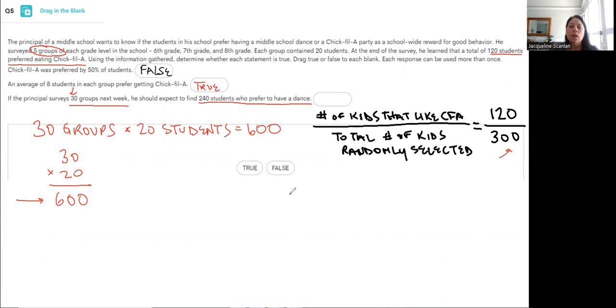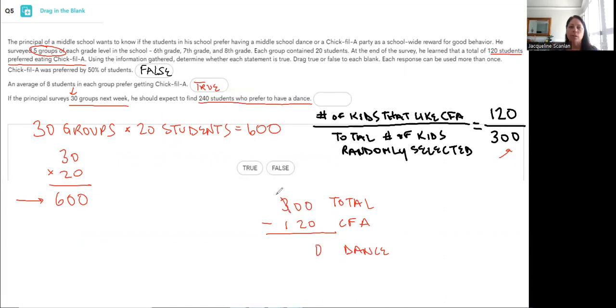So here's what I'm going to do. If there are 300 total students surveyed, and 120 of them prefer Chick-fil-A, to find out how many of them prefer the dance, I'm going to subtract.